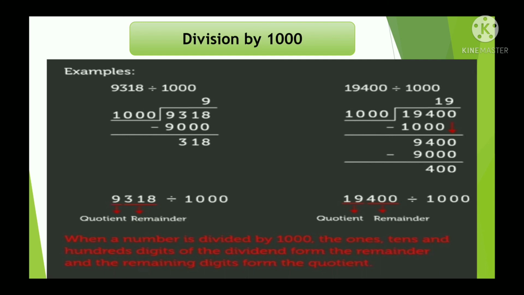After dividing we'll get 19 as the quotient and 400 as the remainder. So from these examples we can say when a number is divided by 1000, then ones, tens and hundreds digits of the dividend form the remainder and the remaining digits form the quotient.